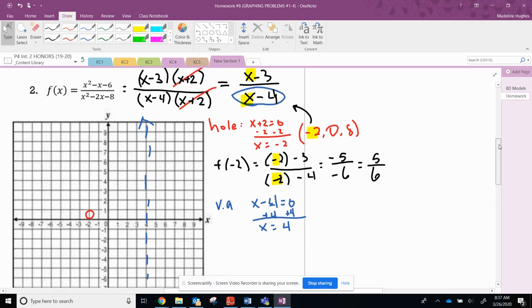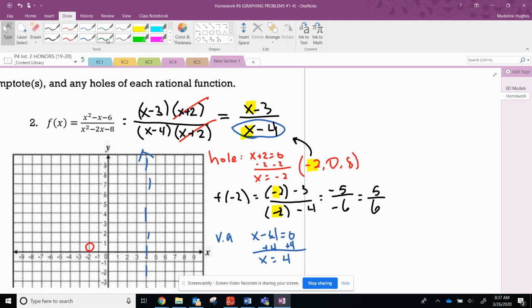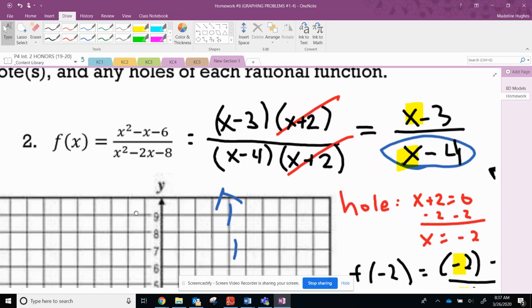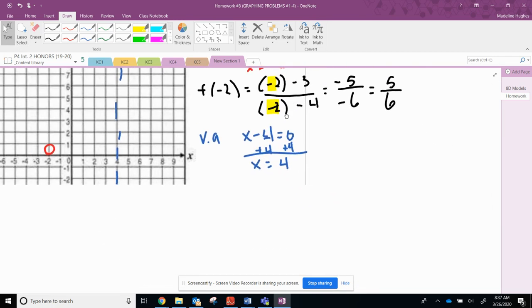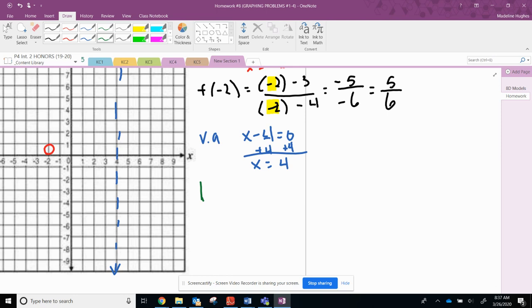Then my horizontal asymptote, I look at the degree of the very beginning part of the equations. The degrees are the same on top and bottom. Degree is 2 and degree is 2. So if I write that back down here, my HA, the degree was 2 on top and degree was 2 on bottom.